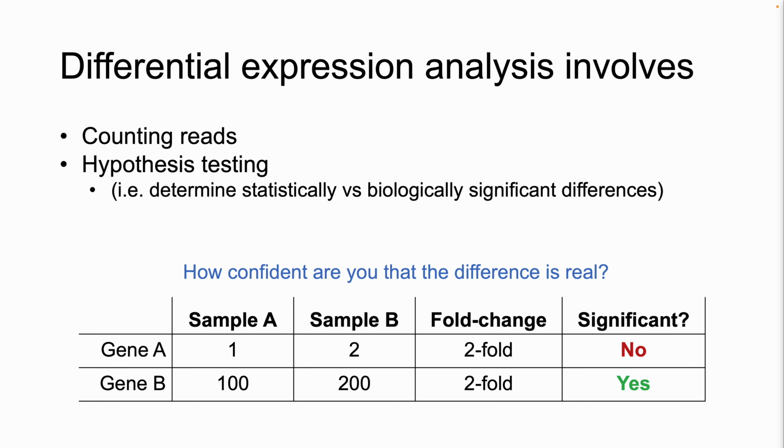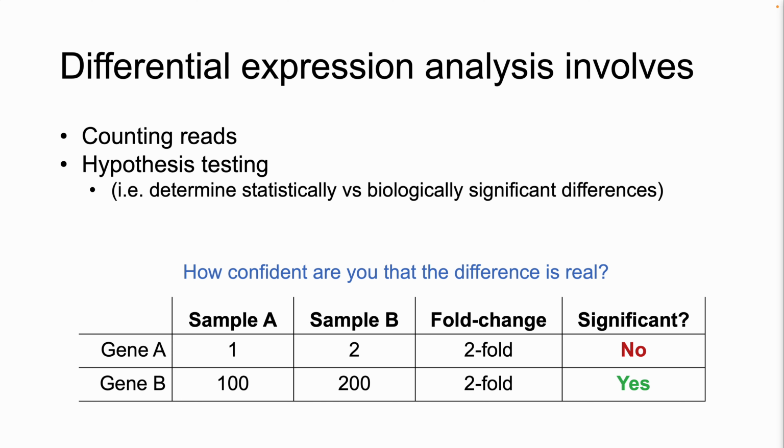So when we think about how our statistics need to work, you would not want to say that gene A is significantly different, but you do want to say probably that gene B is different. And this is also the first indicator for why fold change does not tell you about significantly different expression.